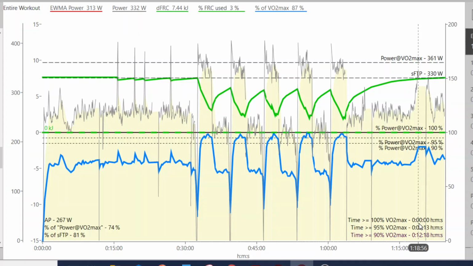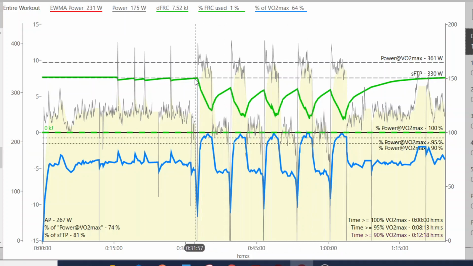That's about 28% in terms of efficiency for that 29 minutes. About 28% of the time was spent greater than or equal to 95%. So that's one of the things I look for, is what's happening on the VO2 max. Am I getting to the target area or the stimulus that I want?